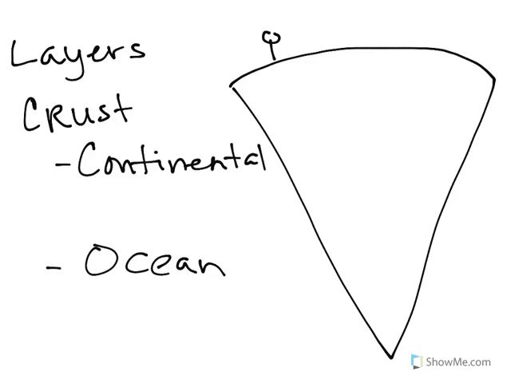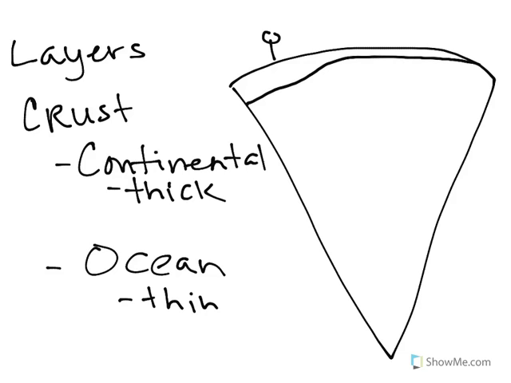Our continental crust is thick because it is above sea level, everywhere but New Orleans, where we live, but everywhere else it's much thicker. Our ocean crust, however, is very thin. So if we were to depict it, it might look something like this, where our continental crust is over here, and our ocean crust is over here, much thinner.